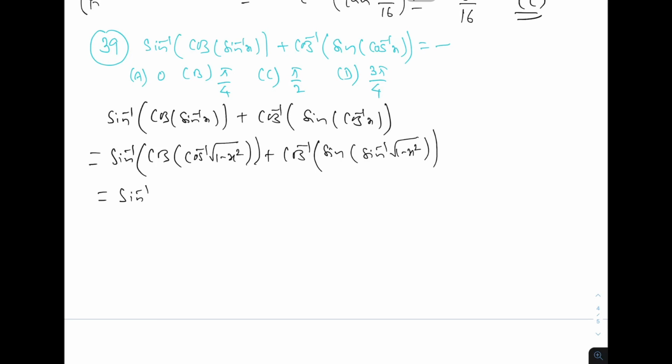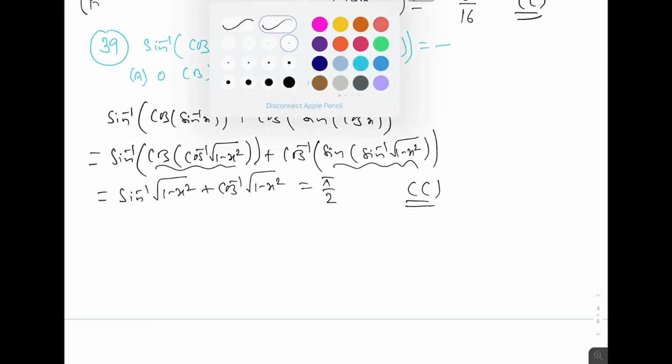So this is sine inverse root 1 minus x square plus cosine inverse root 1 minus x square, and so that is nothing but pi by 2. Sine inverse x plus cosine inverse x is pi by 2. So the option C is there.